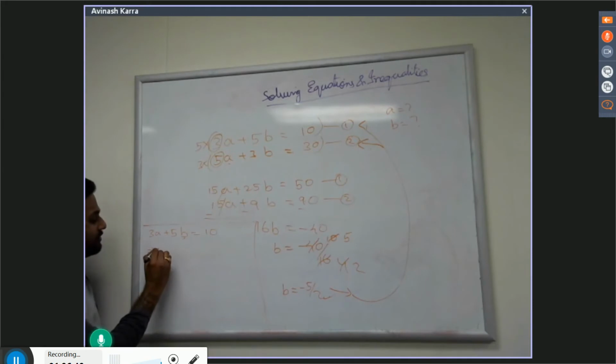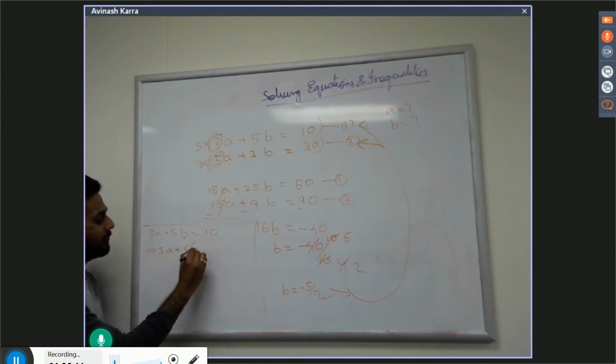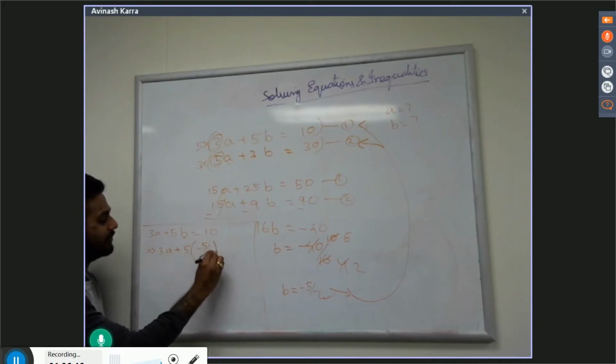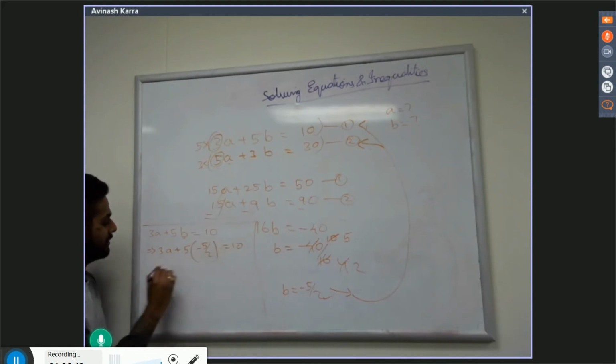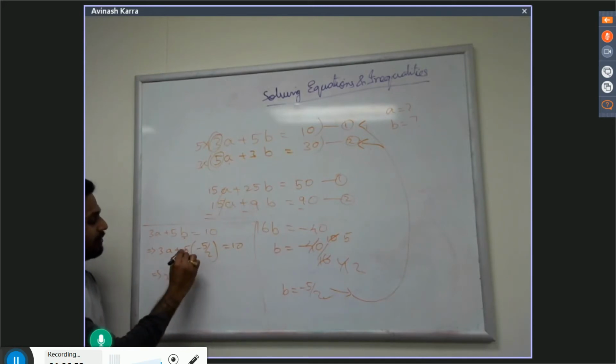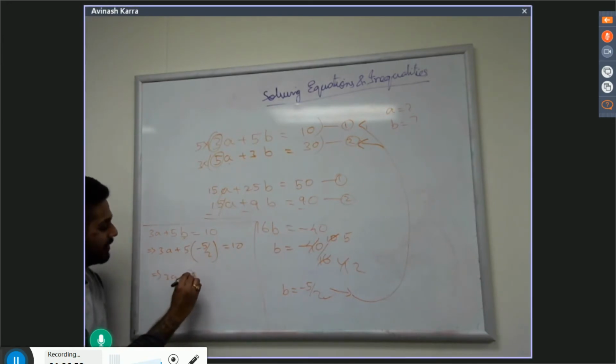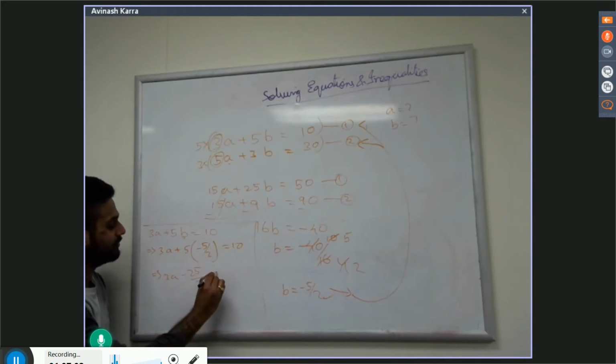So, 3a plus 5 into minus 5 by 2 is equal to 10. What will be the next step? 3a, 5 into minus 5, minus 25. Minus 25 divided by 2 is equal to 10.